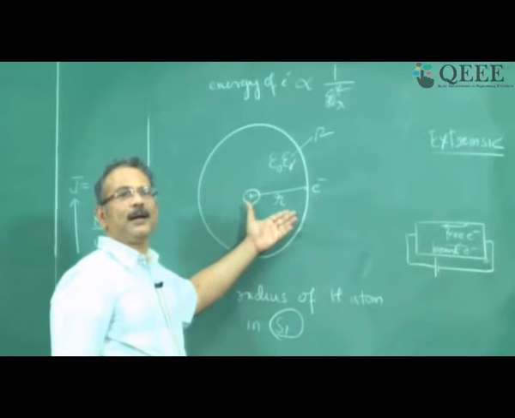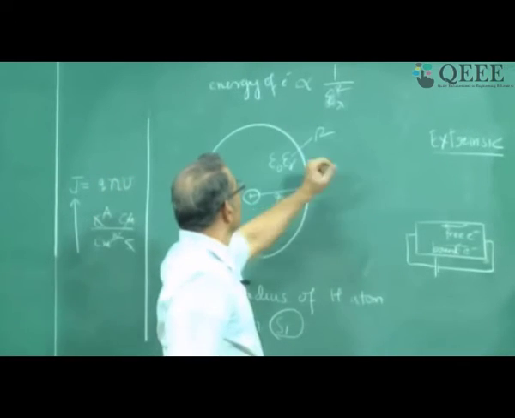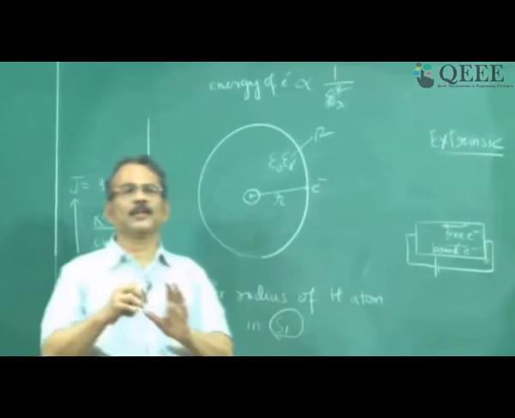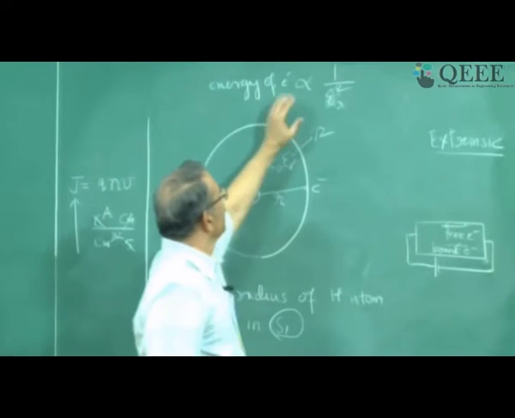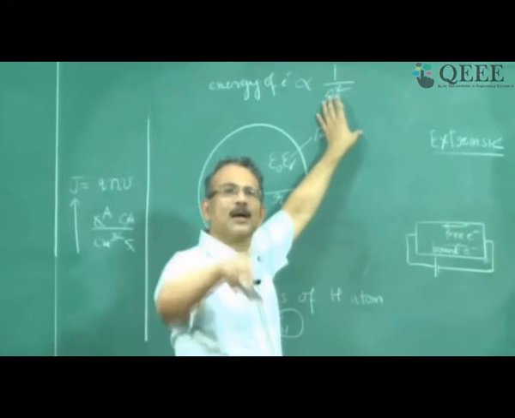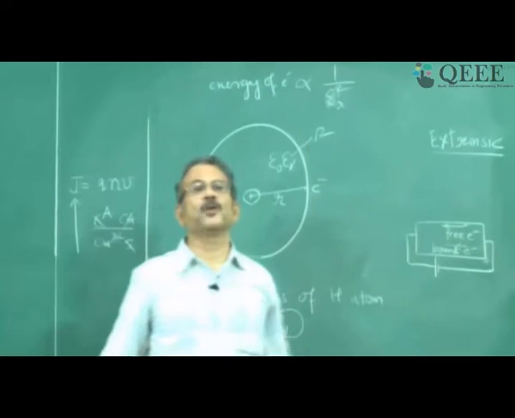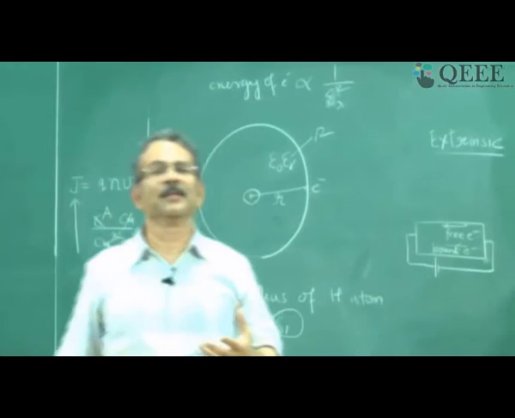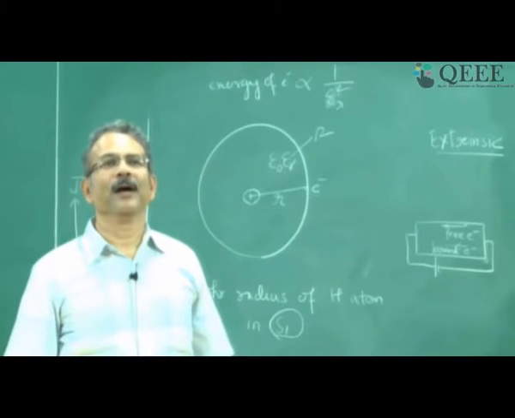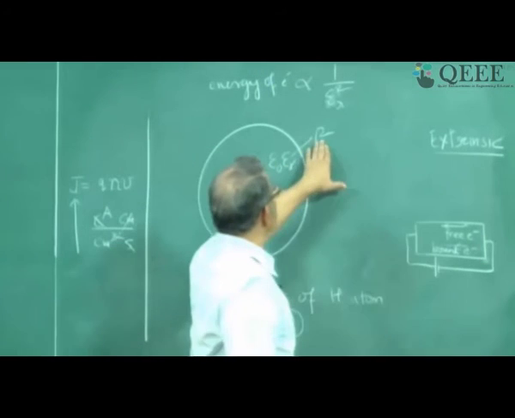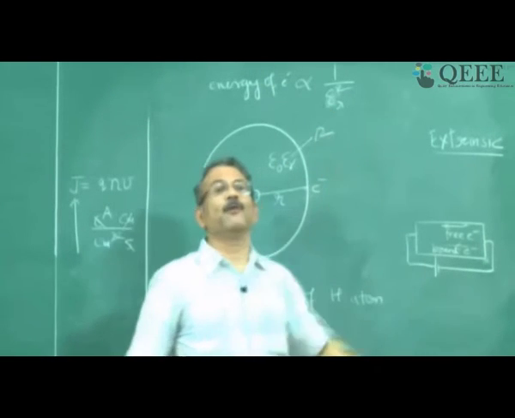From the radius you can find out the energy. So suppose you take the phosphorus atom in vacuum, you will get some energy. The moment you put the phosphorus atom in silicon, the energy will reduce by the epsilon r square factor, the dielectric constant. Now epsilon r is 12, epsilon r square will be 144.